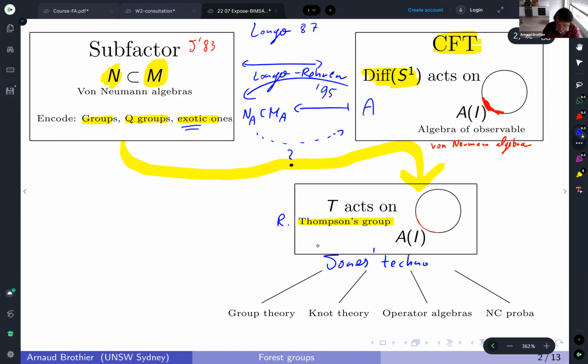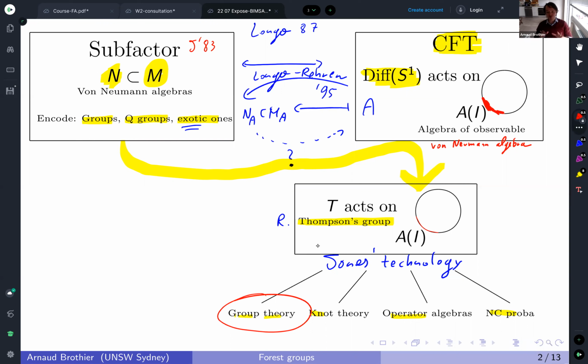Okay. And Jones technology gives you an explicit way to build actions of groups, typically. Okay. And so this had immediately numerous applications in various fields of mathematics, including group theory, knot theory, operator algebra, non-commutative probability. So really a plethora of nice things going out. And so what I want to talk about today is a bit about here.